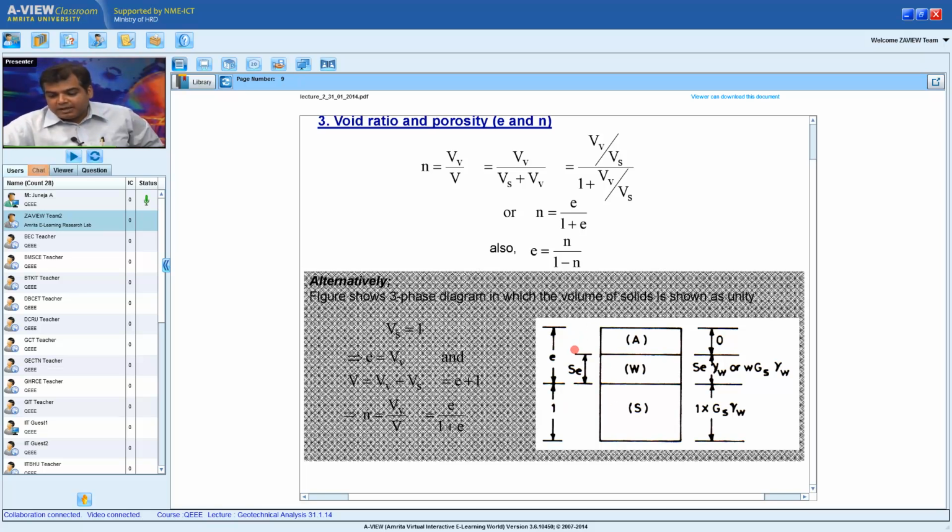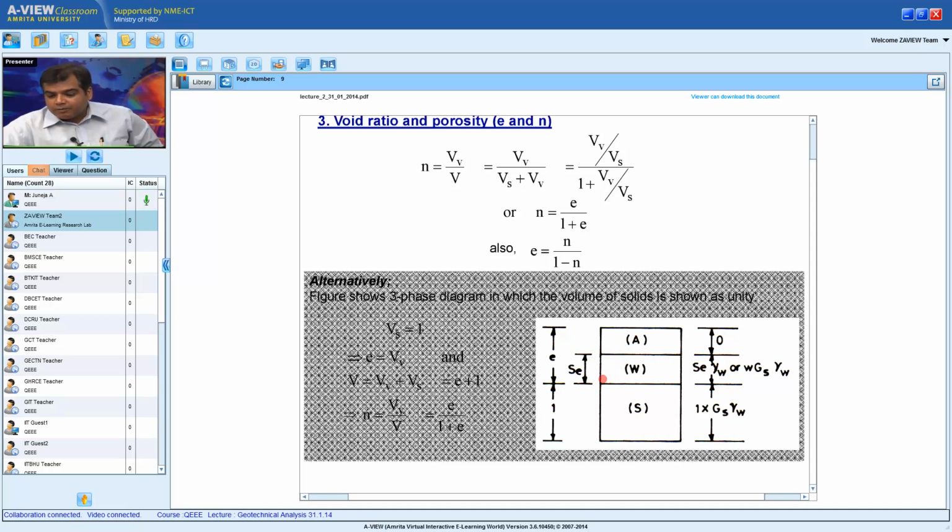Also remember, the left hand side are the volumes, right hand side are the mass. So the first step is, let's assume or take the volume of solids to be 1. That's unity for us. What about the volume of voids, which is these two Lego blocks over here?